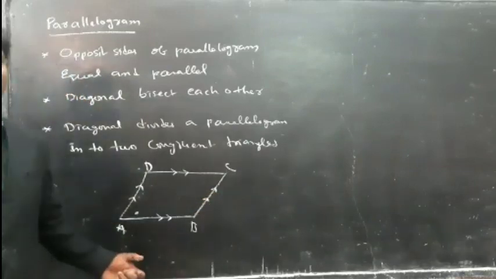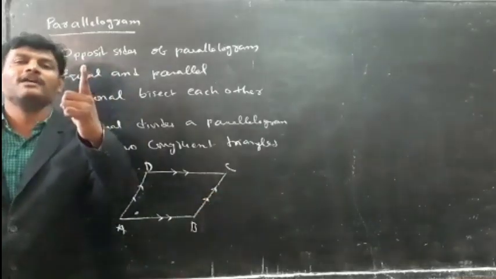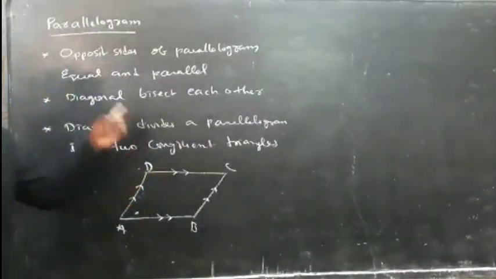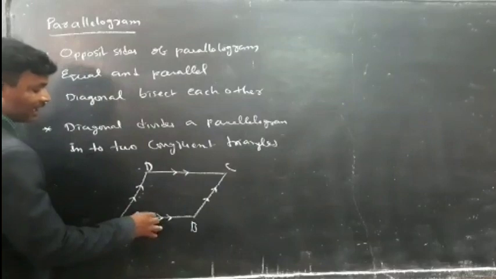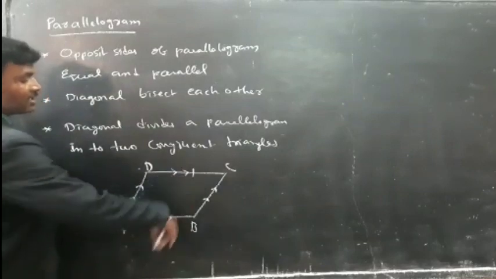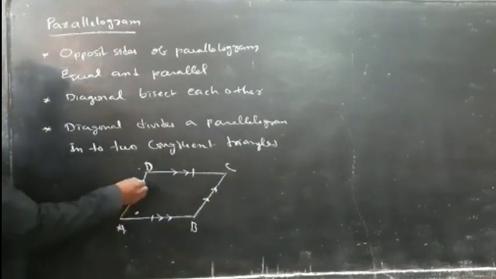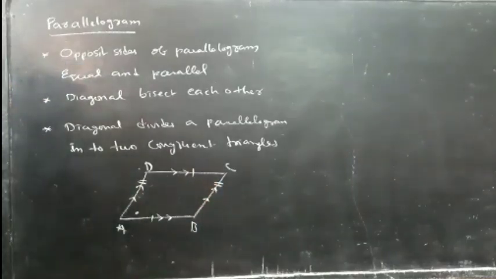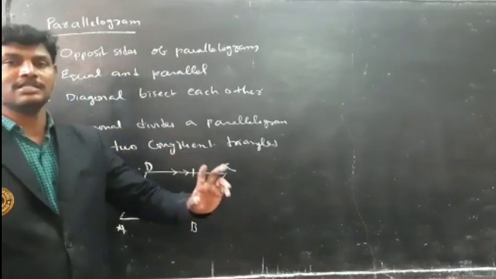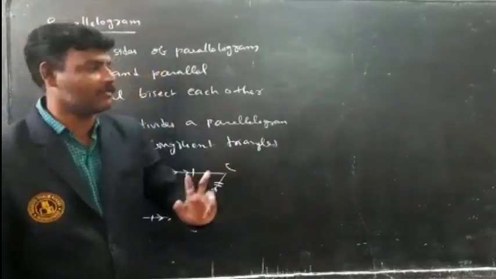In a trapezium only one pair of sides is parallel, but here two pairs of sides are parallel and also equal. So in a parallelogram, opposite sides are parallel and equal.